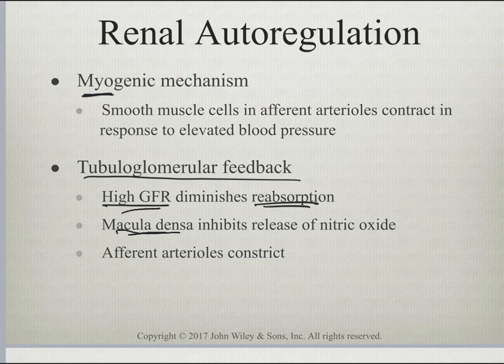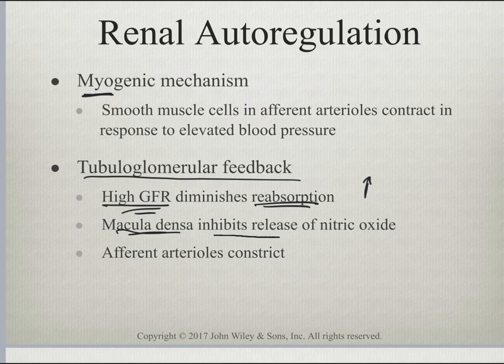If GFR is high, it's detecting a high sodium chloride concentration, which is going to indicate a high GFR. So, too high sodium concentration detected by the macula densa. As a result, it's telling itself that it's detecting too high a GFR. We're losing too much into the filtrate.